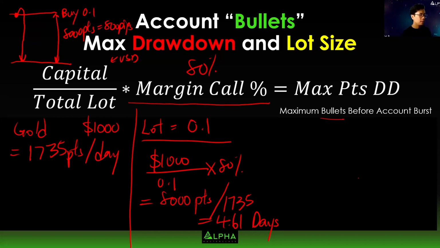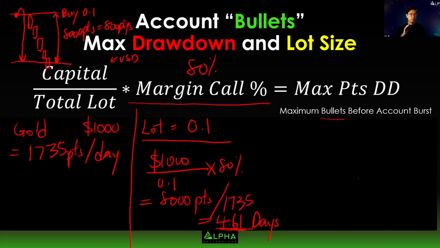Okay. And moving on, 8,000 points is also the same as 4.61 days, meaning the market comes down one daily candlestick, two, three, four, point six, margin call.